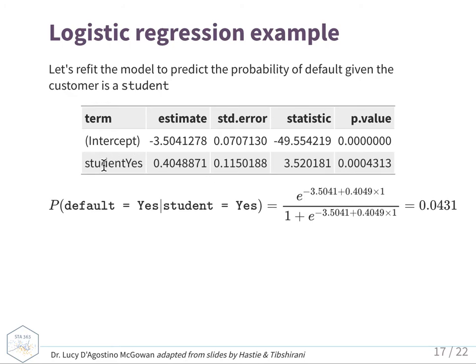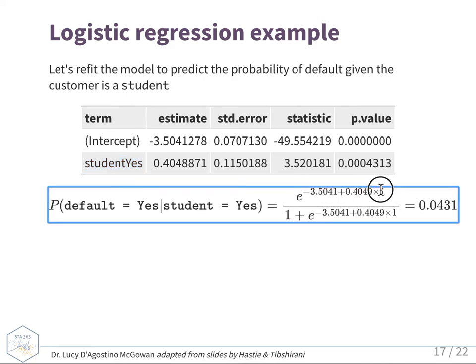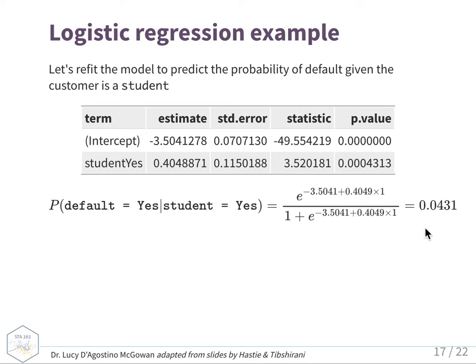When we're dealing with binary variables, with just 2 levels, like student, the way that the model is fit, this is probably a refresher from 212 or a previous statistics class, it's going to set this value to 1 when yes, or 0 when no. So I can just plug in a 1 for the x value, and I see that the probability of default given the customer is a student is 0.0431.